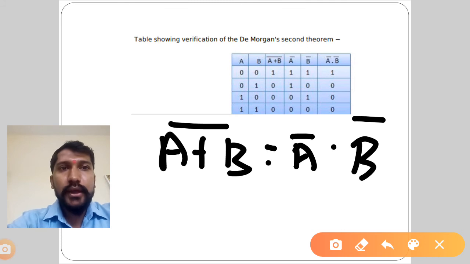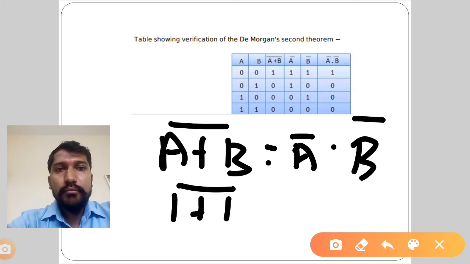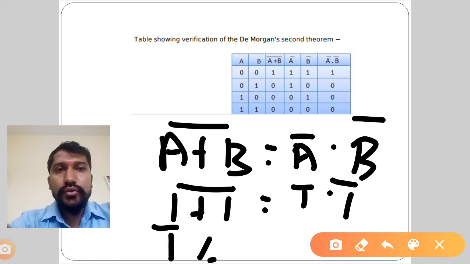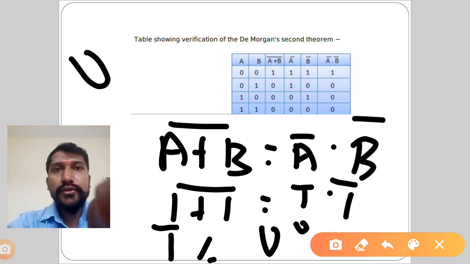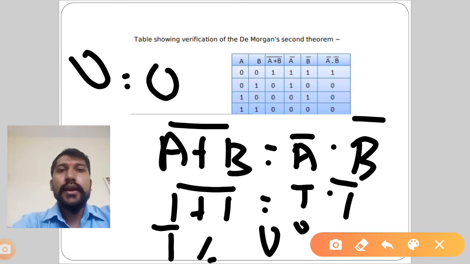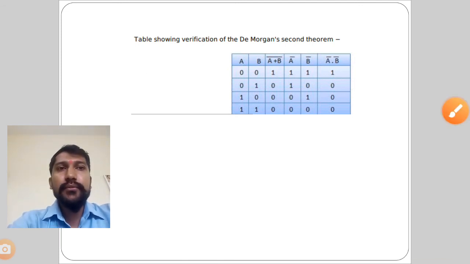Both I will take as 1. 1 plus 1 bar is equal to 1 bar dot 1 bar. 1 plus 1 is 1, and 1 bar is 0, which equals 0 into 0. So 1 bar is 0, so 0 equals 0. Left hand side is equal to right hand side. In this way we can verify De Morgan's second theorem, any of the statements.